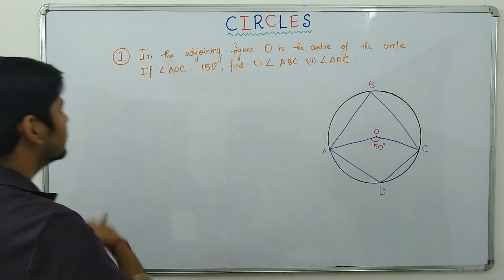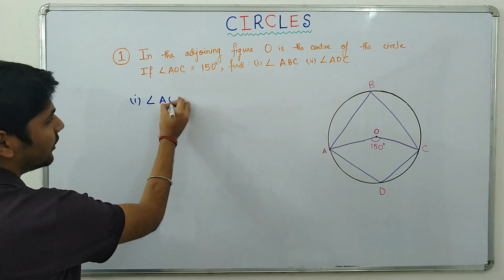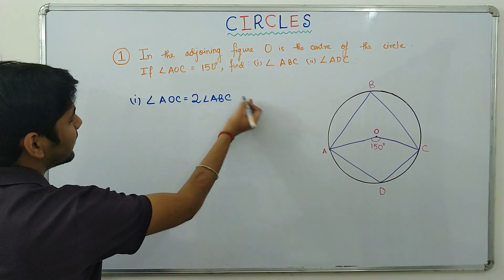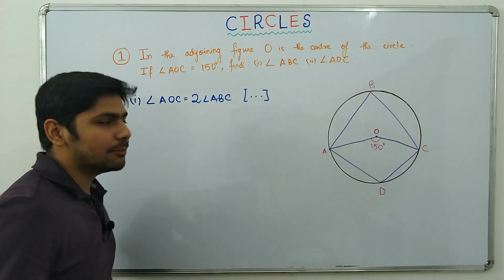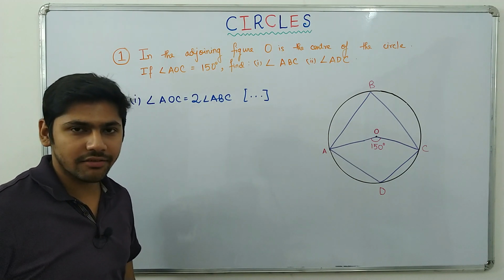So let's do that. So number 1, angle AOC will be double angle ABC, and beside this I will write the theorem that I used, that the angle subtended by an arc at the center is double the angle subtended by it at the circumference.